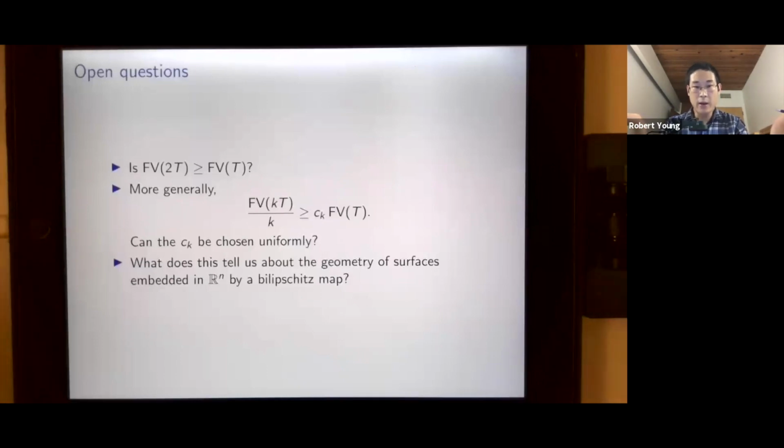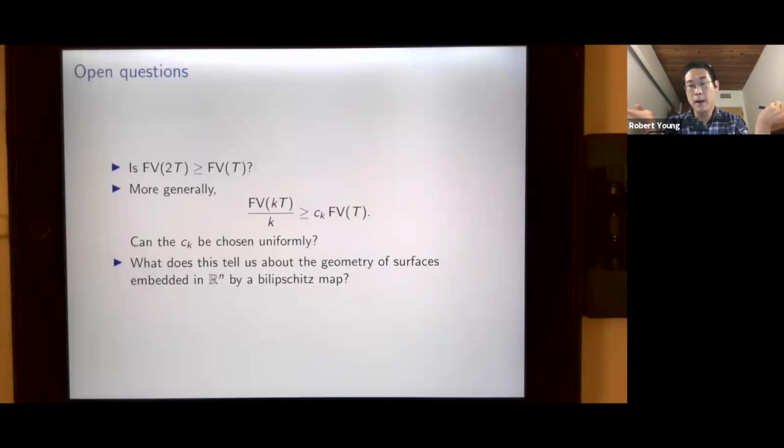And you can construct surfaces that have larger non-orientability than what we've constructed here, larger than just linear. You can construct a surface of area 1 with arbitrarily large non-orientability in L infinity.